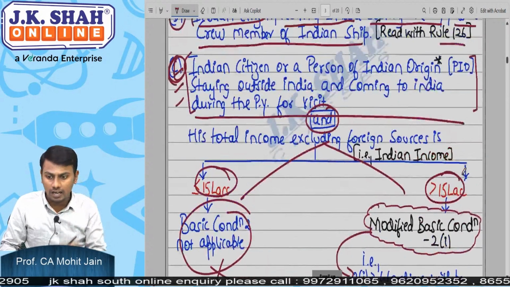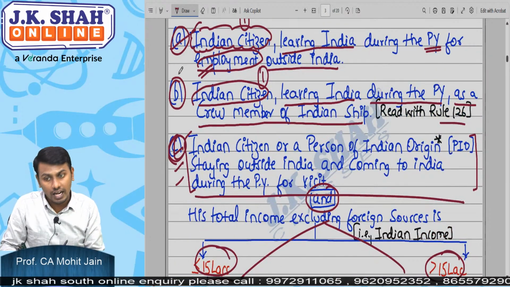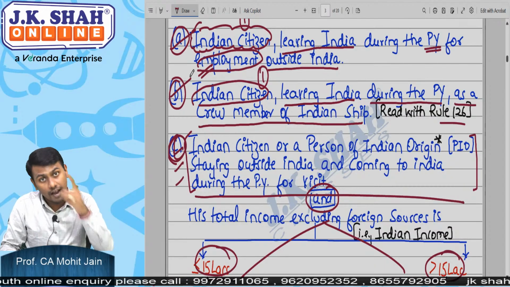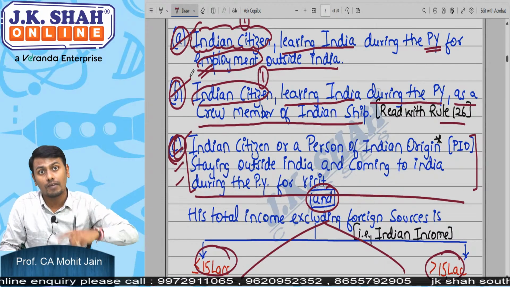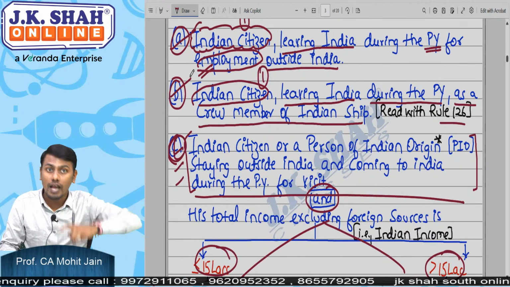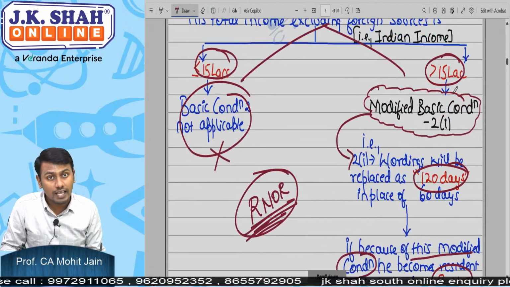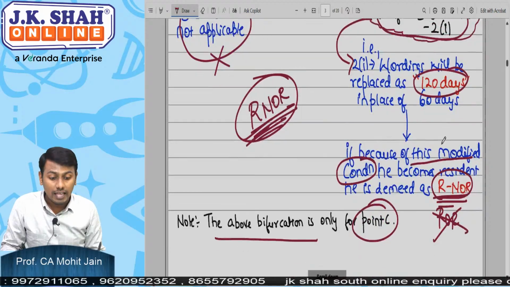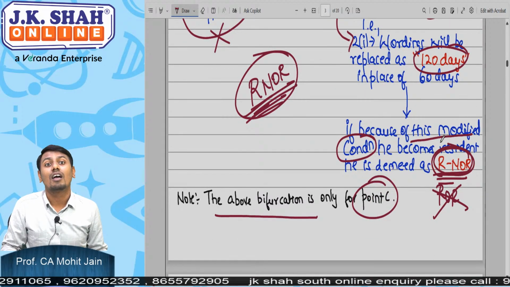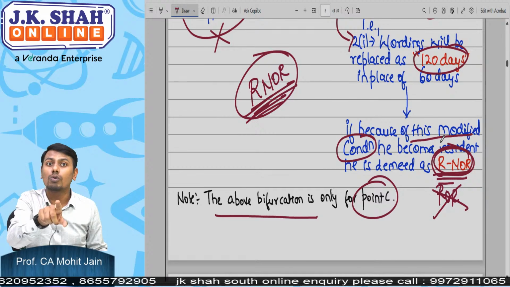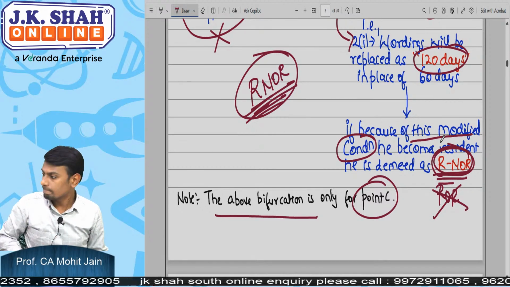The additional conditions have to be checked for A and for B. Once you determine you are a resident, we have to check additional conditions to determine whether you are a ROR or RNOR. But in this point number C, if you become a resident because of this criteria, then directly you will be called RNOR. The detailed reason for this I'll give you when I do scope of total income.